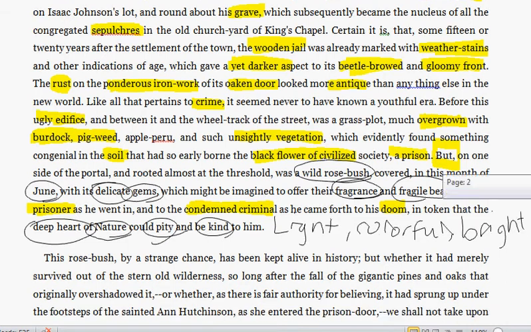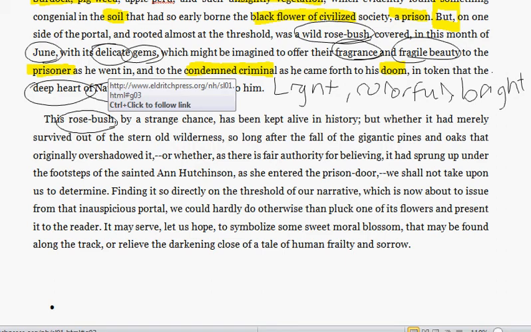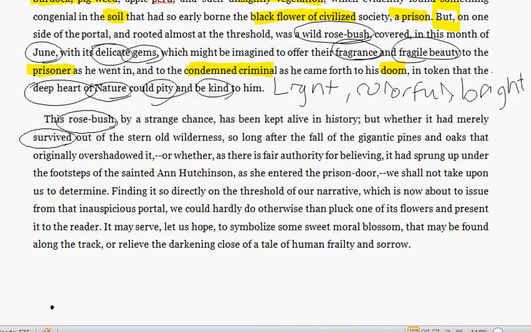And then I'm going to continue down, and I've got this rose bush again, and the rose bush has been kept alive. It has survived. That's a positive, right? And we have, again, a real juxtaposition here of this little, beautiful, light, shining rose bush, but it's in the sentence with these gigantic pines and oaks that overshadow it.